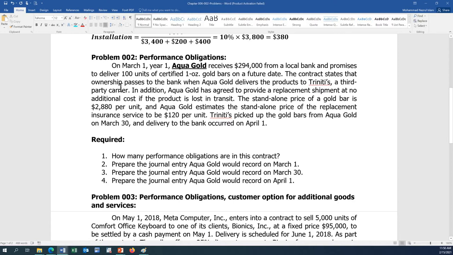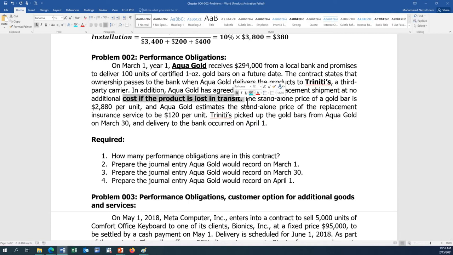The contract states that ownership passes to the bank when Aqua Gold delivers the products to Trinity's. See that? There is a third party between the bank and Aqua Gold, a third party carrier.